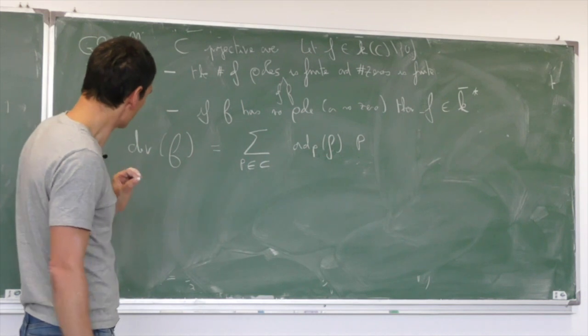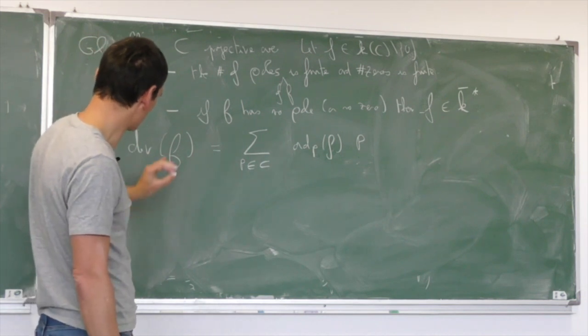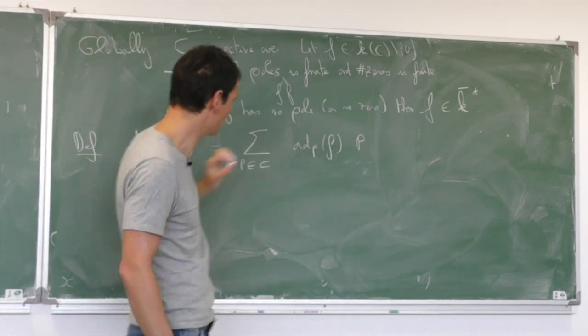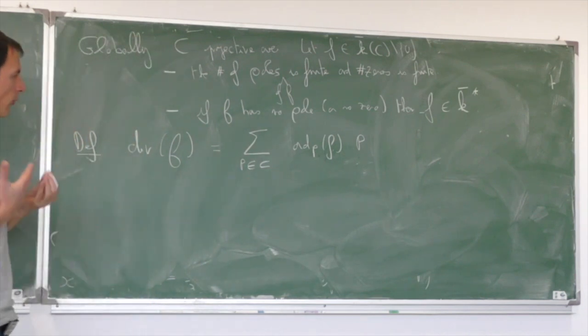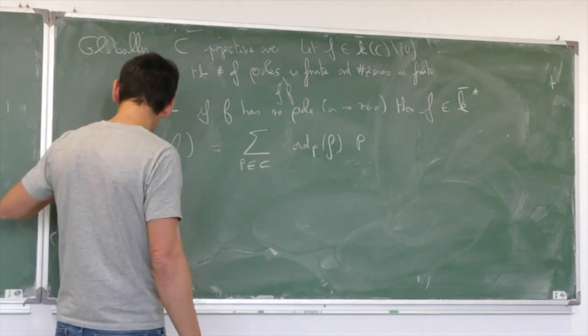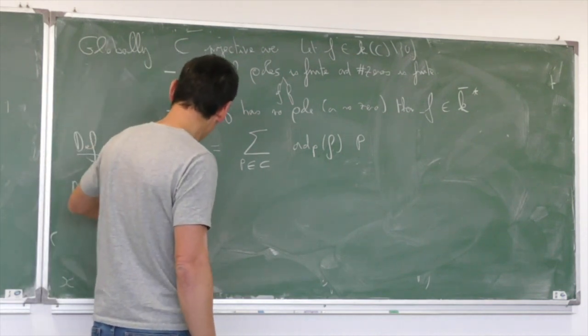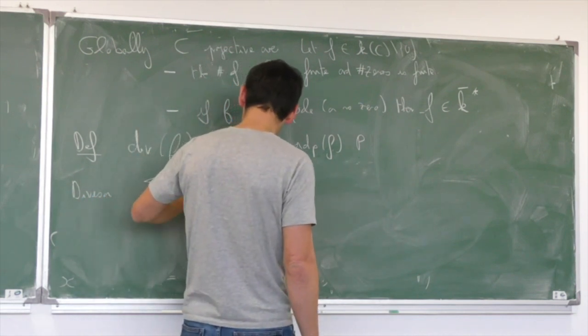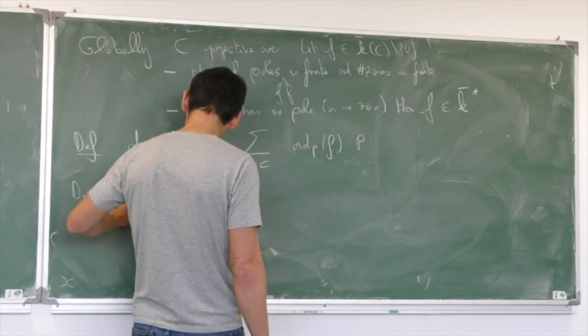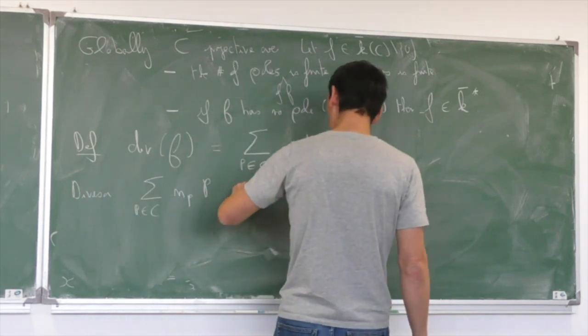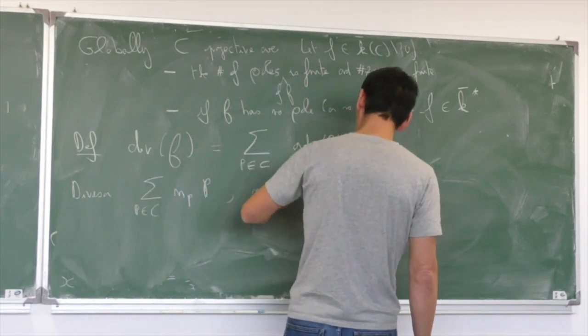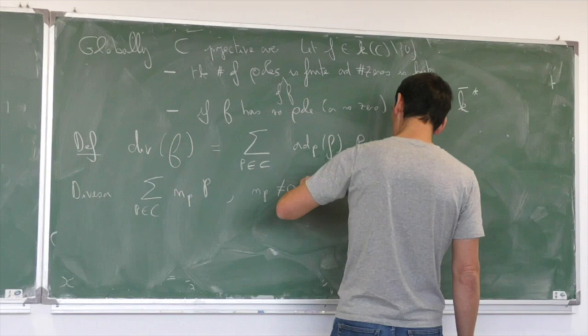Now that I have defined the divisor of f as a formal sum, I can also define a divisor more generally. A divisor is just any formal sum of points on the curve, where the n_P are different from 0 for finitely many points.